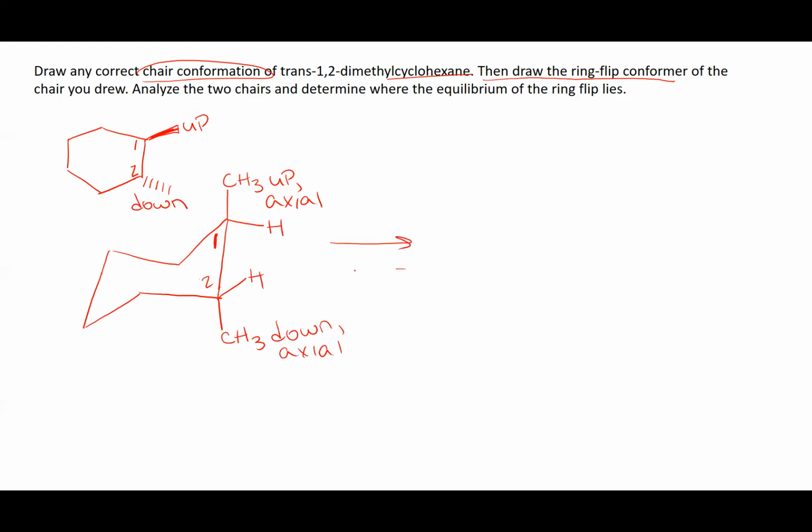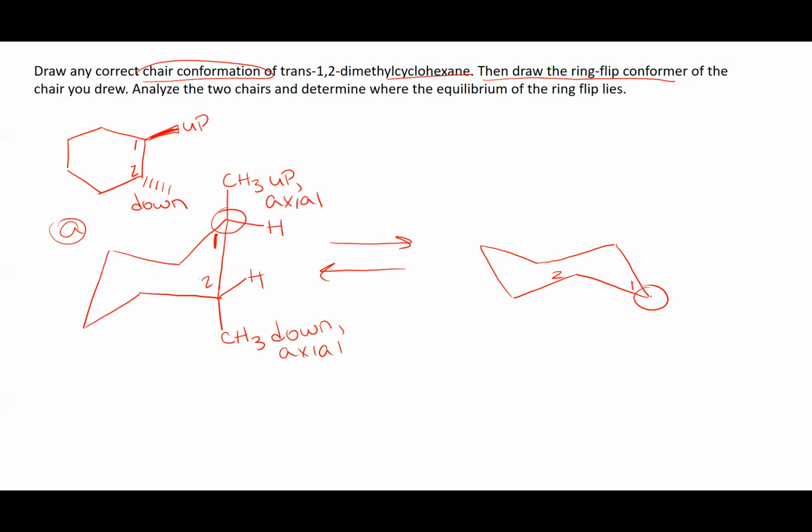I'm going to circle this carbon, follow it along. I'm going to first draw the ring flip without any substituents on it. Now this is carbon 1 and this is carbon 2. So in my original chair, we'll call it A, carbon 1 had a methyl that was up axial.